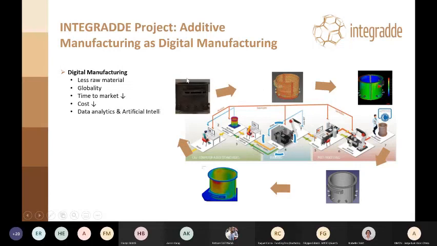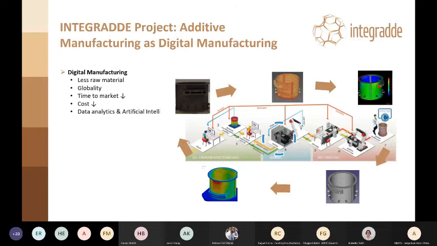Also, at the same time that we are manufacturing, we are looking at the thermal print in each point of the manufacturing process of this component. So we are registering the thermal image of the melt pool, but also for each robot position. And also we are registering the processing speed at each time.